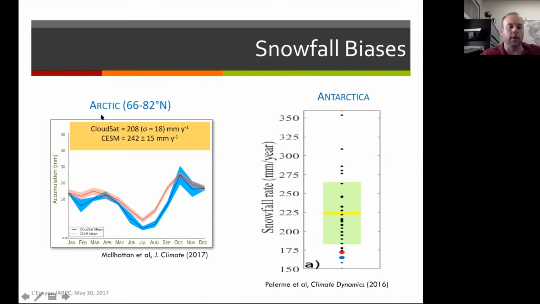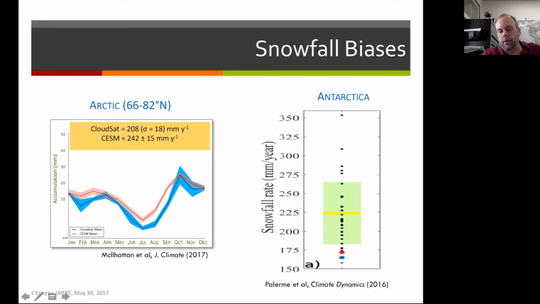So these two panels here show a comparison of the snowfall accumulation in CESM over the Arctic versus the snowfall accumulation from CloudSat. And you see there is about a 20% overestimate in the snowfall over the whole Arctic in CESM relative to CloudSat.